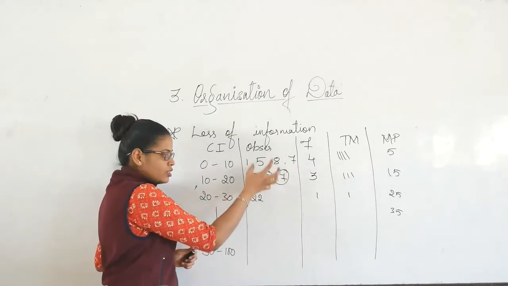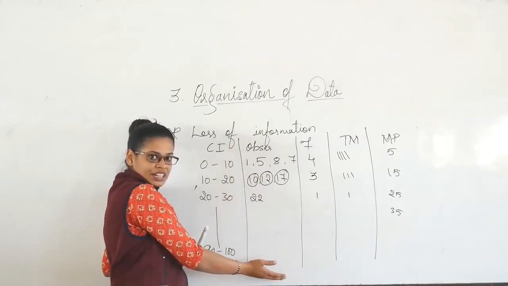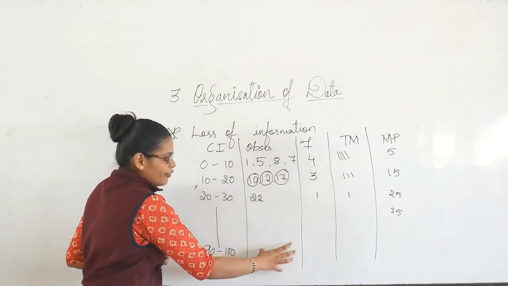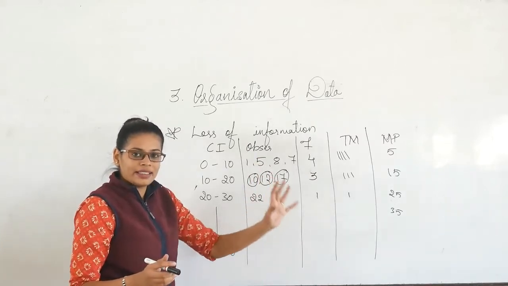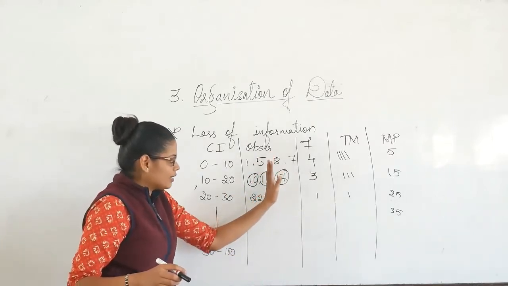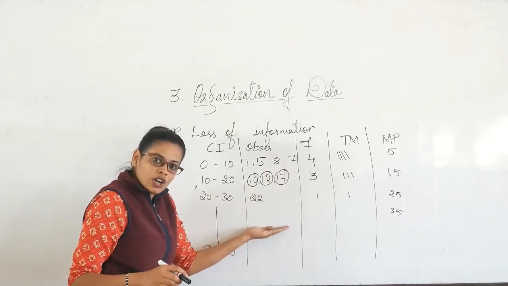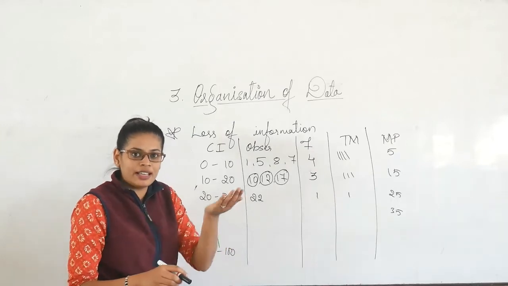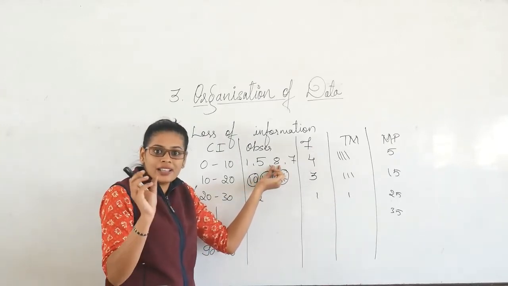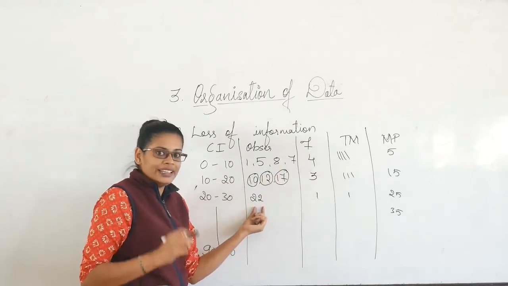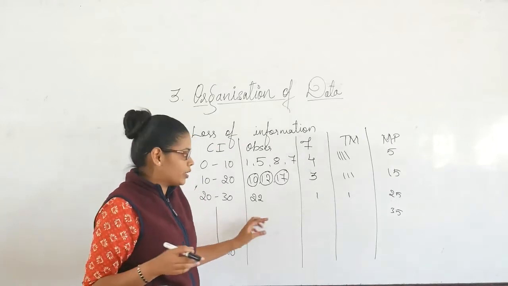So these are the 50 students, if you have considered 50, who have scored marks in the mathematics subject. So 8 is a mark scored by a student. Similarly, 22 is also a mark scored by another student.